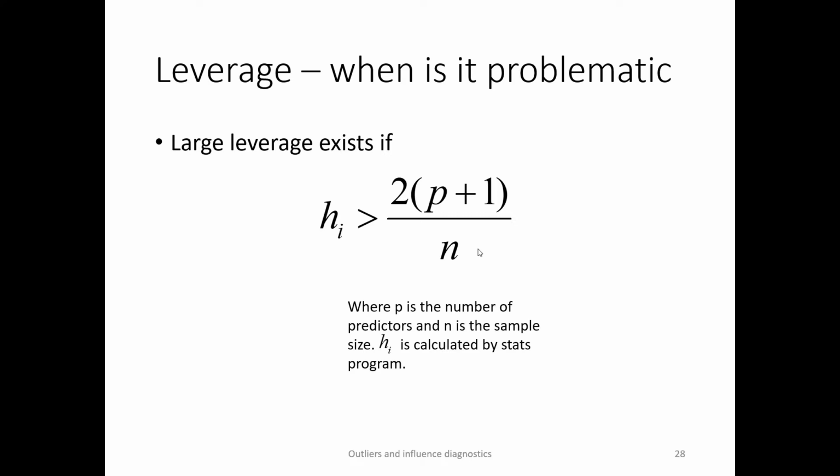Well, that's easy to figure out. n is the sample size, as it's always been. So we do this calculation and come up with a cutoff value. If the computer package is spitting out a leverage value higher than what we've determined this cutoff value to be, then that's potentially problematic. I'm not ready to say it's a problem yet, but it's one piece of the puzzle, if you will.